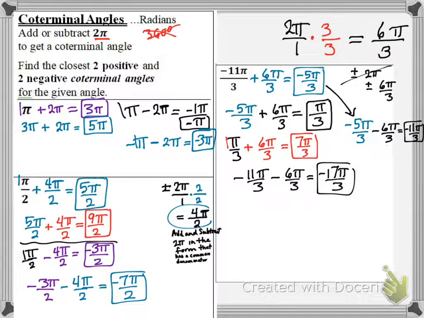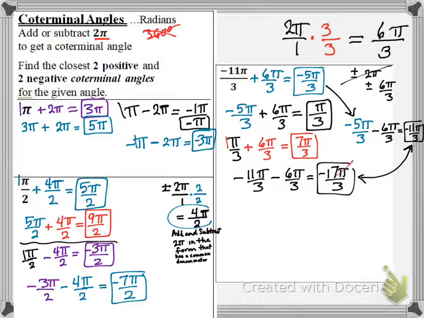You see that I ended up with 3 different negatives. And when the textbook tells me that they want to find the 2 closest positive and the 2 closest negative, I'm looking at those and saying, which one is closer?